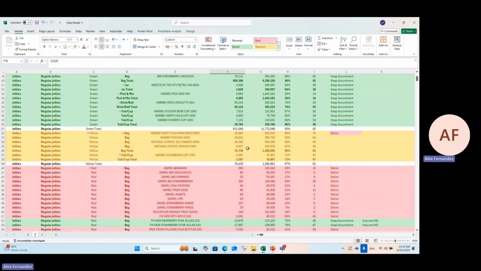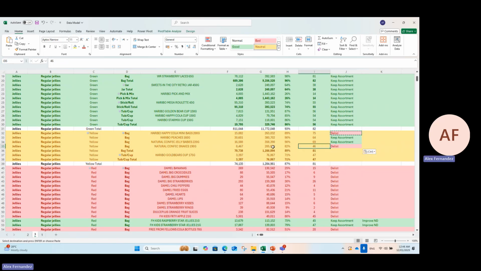Now we go to the yellow SKUs, and here in regular jellies, we see this one with the 30K. Let's keep this SKU. It's a high value. And this one, 16K with almost 400,000 rotation, is a good rotation. Okay, this one should be delisted.